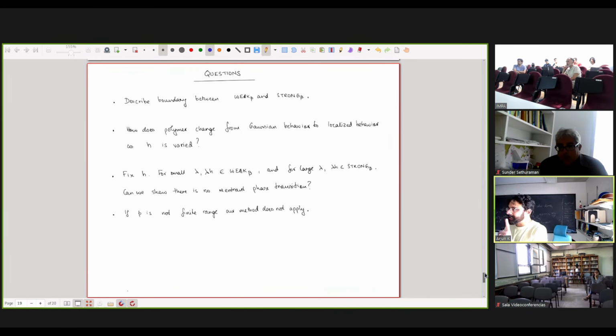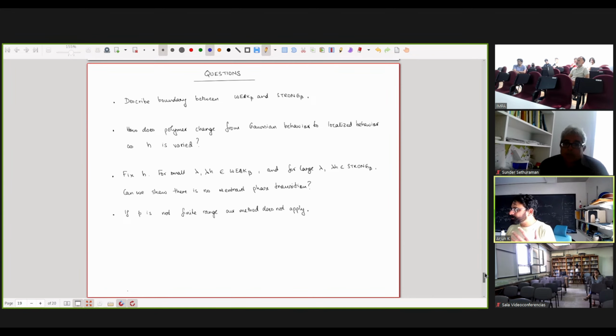So the interesting thing here is that as you change the field from weak to strong, then somehow the endpoint undergoes this change from Gaussian behavior to favoring endpoints. So we think that's very interesting, and there's a lot to explore there. Can we show the analogs of monotonicity?